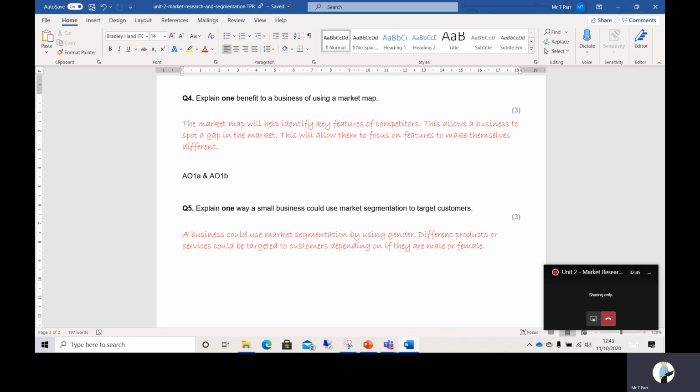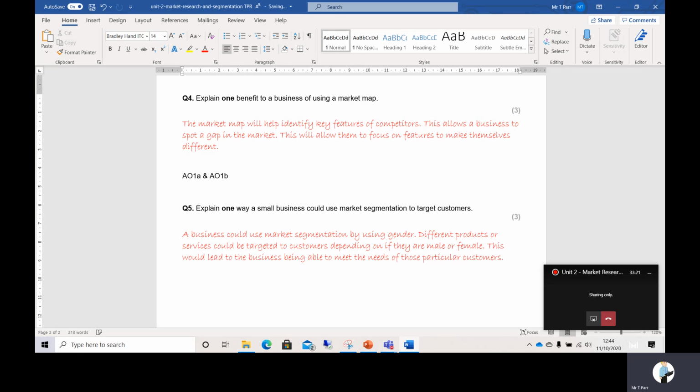Let's get another mark. What would this lead to? That's the second link, okay? So this would lead to the business being able to meet the needs of customers.